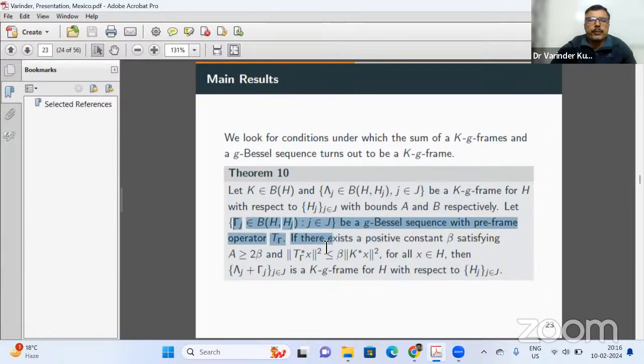The pre-frame operator of this is T gamma. If we are able to find a positive constant beta such that A is greater than or equal to 2 beta and the norm of T gamma star x squared is less than or equal to beta times the norm of K star x squared, then this sum will be a Kg frame with respect to H.